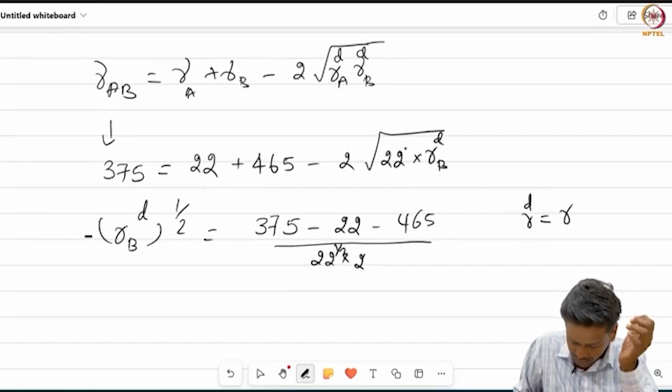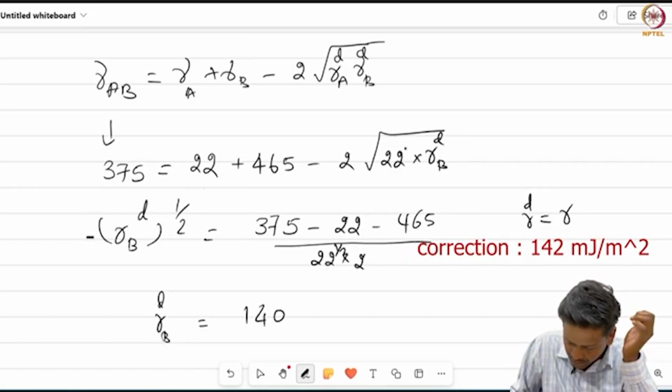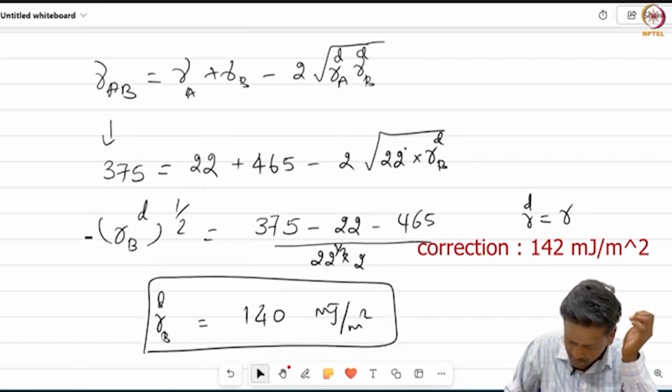You can check, I think this is simply 140 millijoule per meter square.